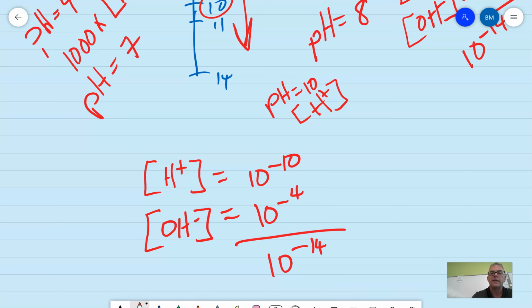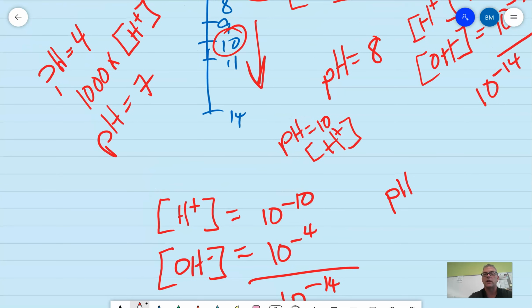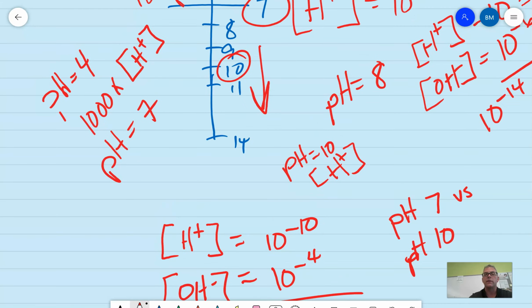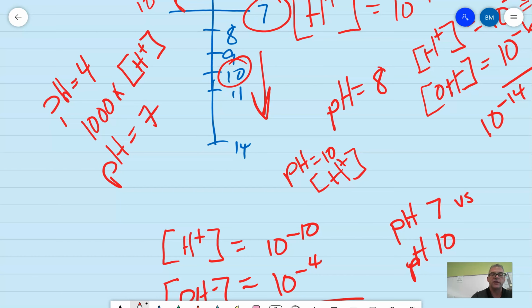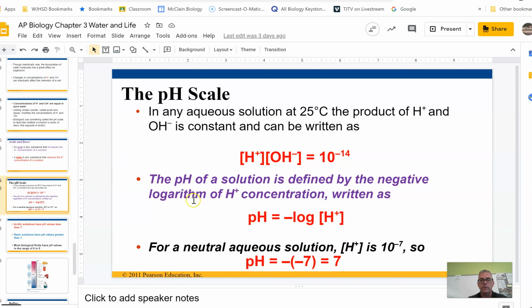So what does that mean? When I'm looking at something that has a pH of 7 versus a pH of 10, that'd be 10 times, 100 times, it's 1,000 times more basic. So for every step on the pH scale, you're going to get an incremental change that's equivalent to a 10-fold change. Okay?